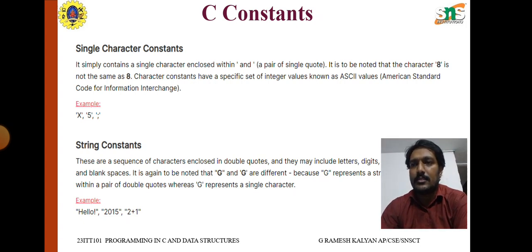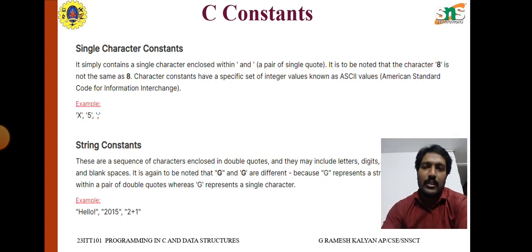The next one is a single character constant. This contains a single character enclosed within single quotes, and it is noted, for example, as the character '8'. It is not the same as 8 without quotes. The value we give inside the quotes is not equal to the value without the quotes.